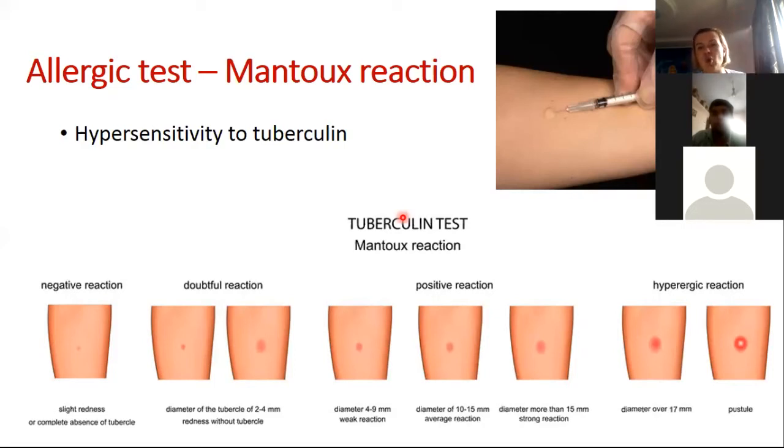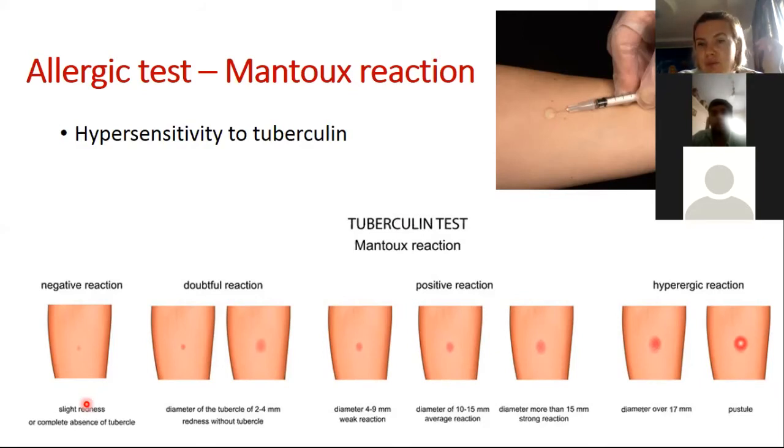After 72 hours, you should interpret the result by checking the number of millimeters in diameter. If negative, there is a complete absence of any changes at the place of injection. Doubtful reaction if you detect redness or papule less than 4 millimeters.